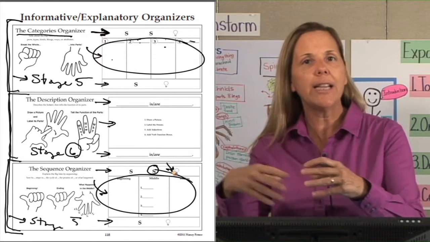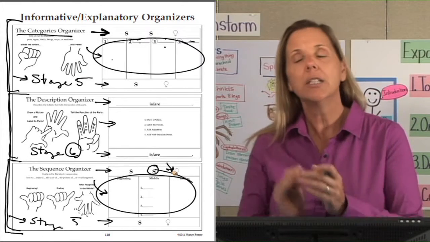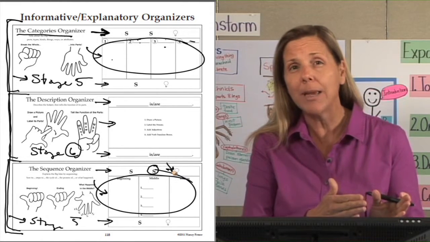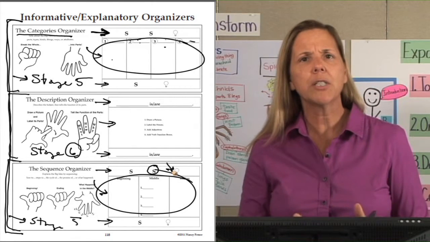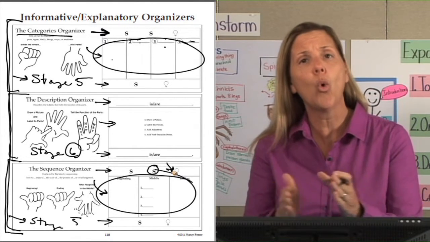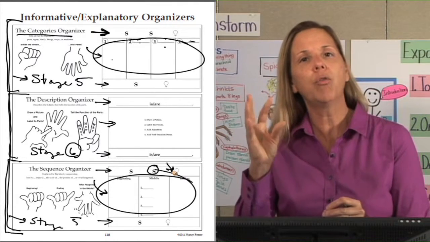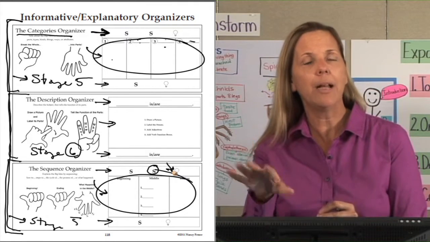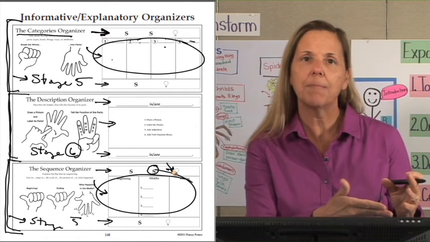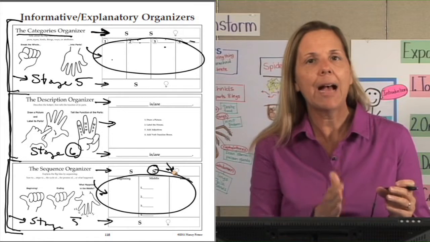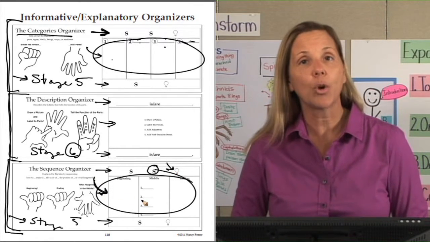I'm not separating them out into different groups of information like different homes or different ways a spider uses its environment to catch its prey. Those are separate groups. I now have to take this information and put it in order. I have to tell you step by step what a spider does to go from a solid, let's say a bug, and change it so that it becomes a liquid so it can digest it and drink it. Those steps have to stay in order. Hence, we have to use the sequence organizer.